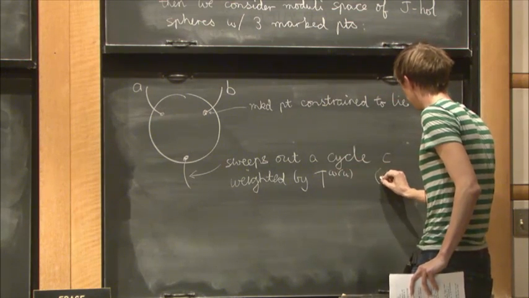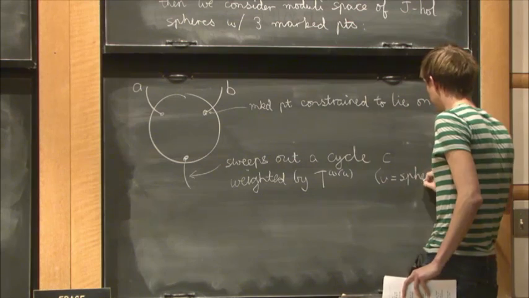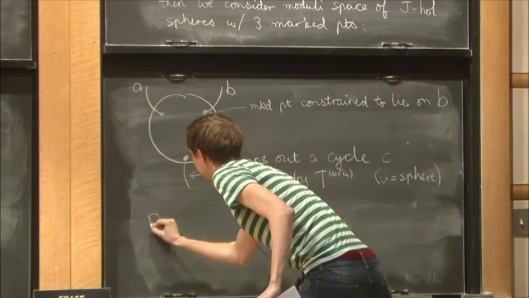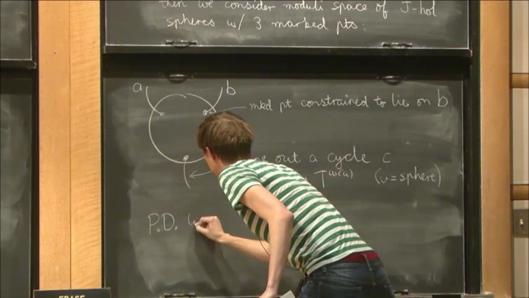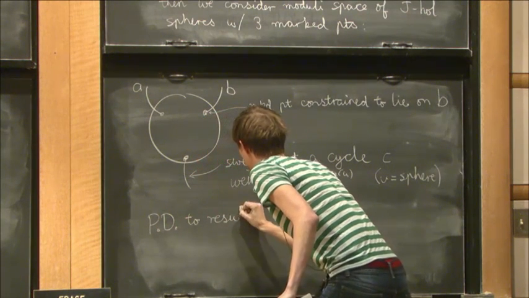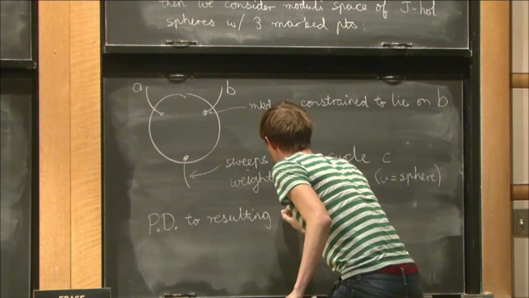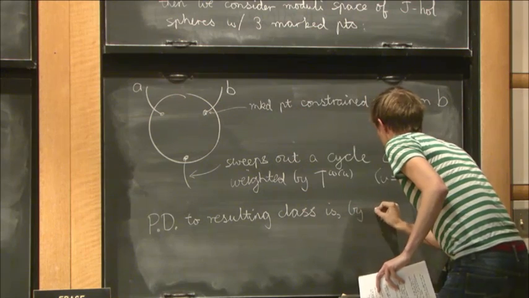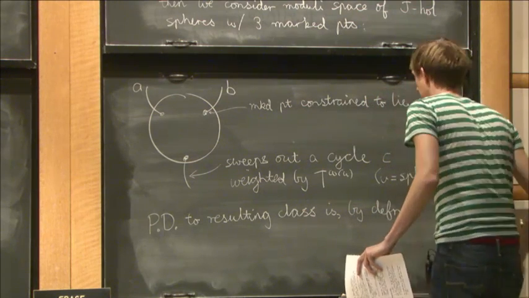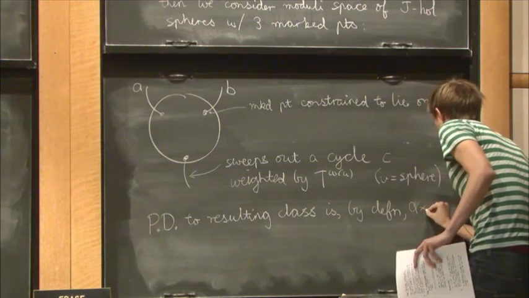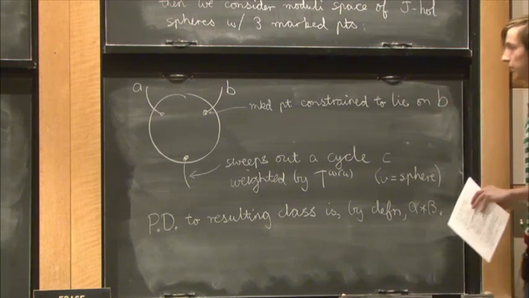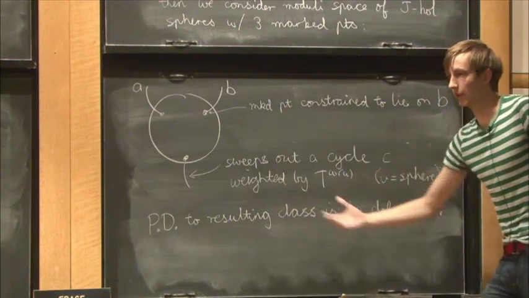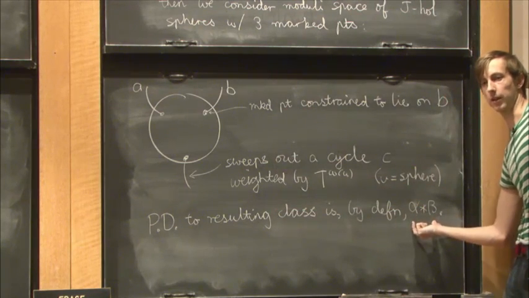Okay, U is the sphere, just trying to avoid using beta again. And the Poincare dual to the resulting homology class we get by summing over all these is the quantum cup product of alpha with beta.